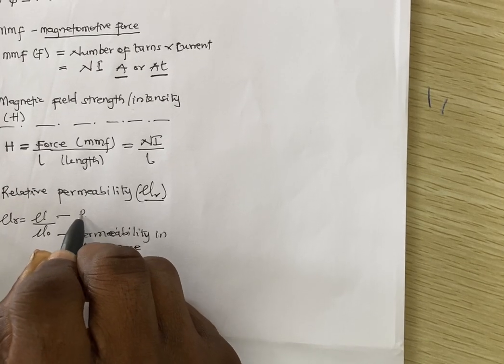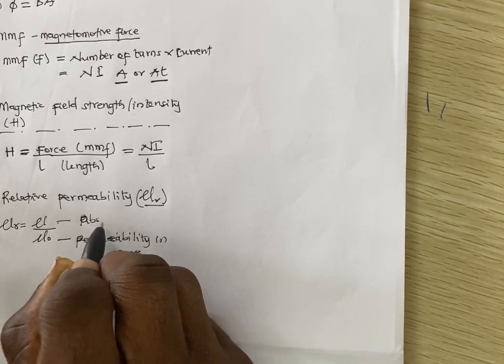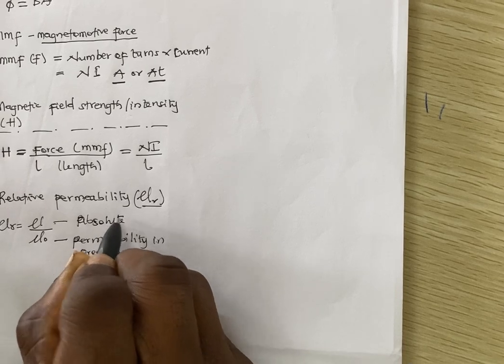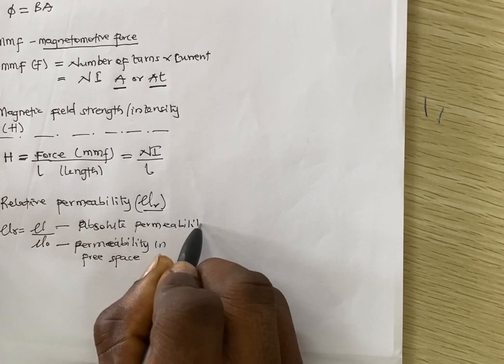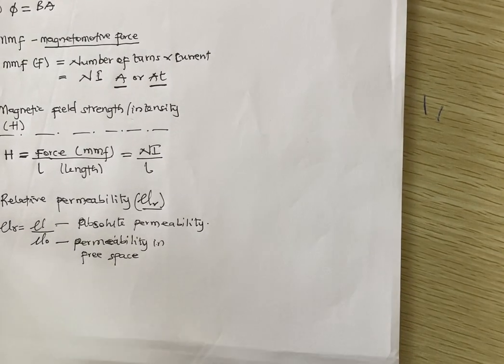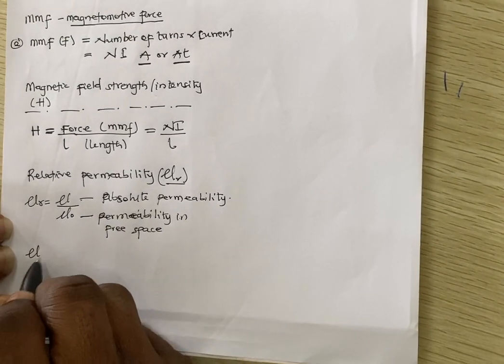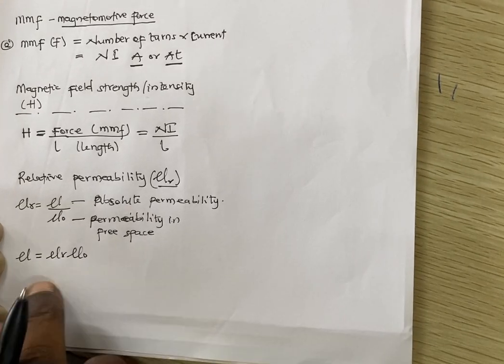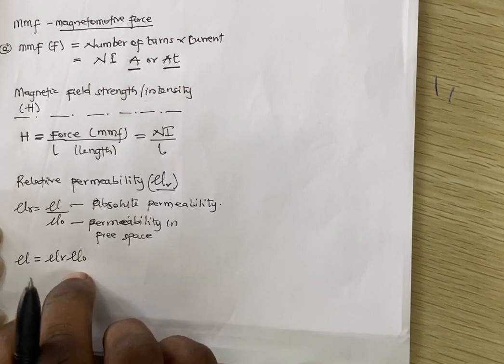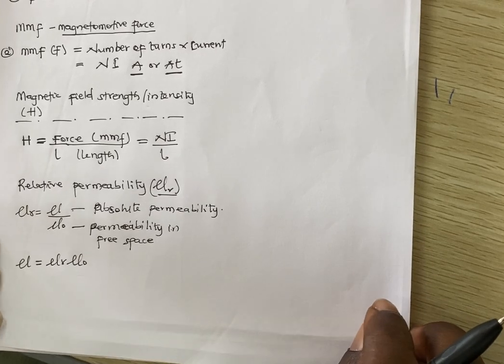Then this is the absolute permeability. All right, so we can find absolute permeability to be the product of relative permeability and permeability in free space.